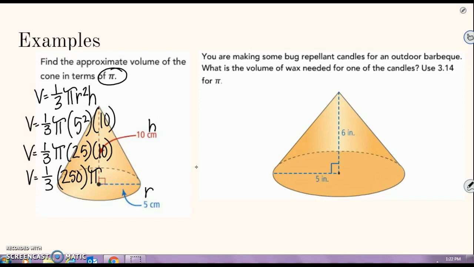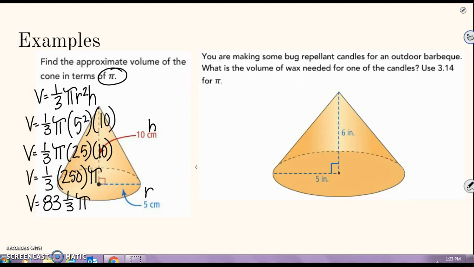So now we're going to take 1/3 of 250. Recall that taking a third of a number is the same as dividing by 3. So when we divide 250 by 3, volume will equal 83 and 1/3 pi. So again, this is in terms of pi, so that's 83 and 1/3 pi.